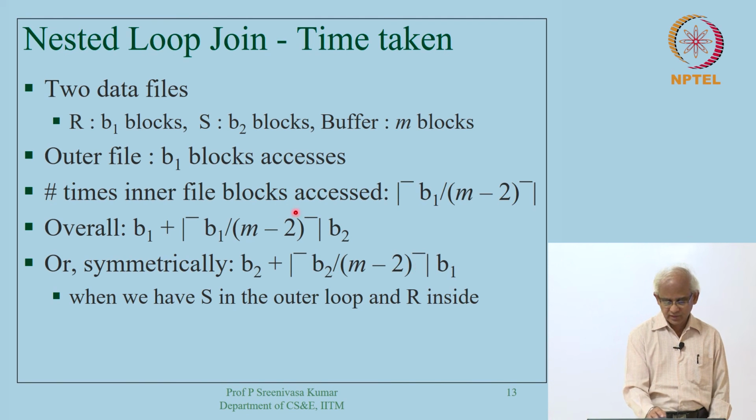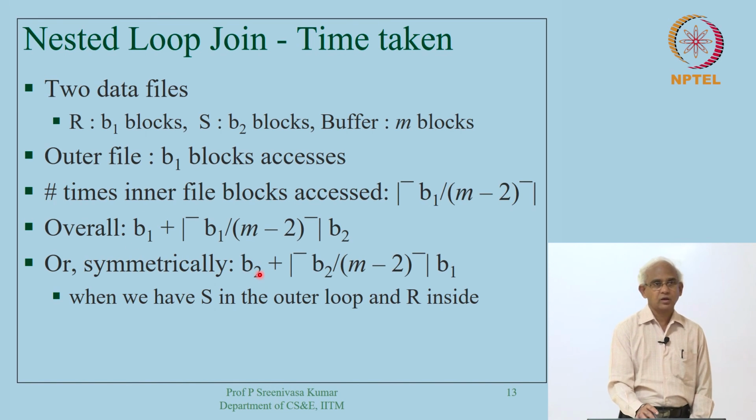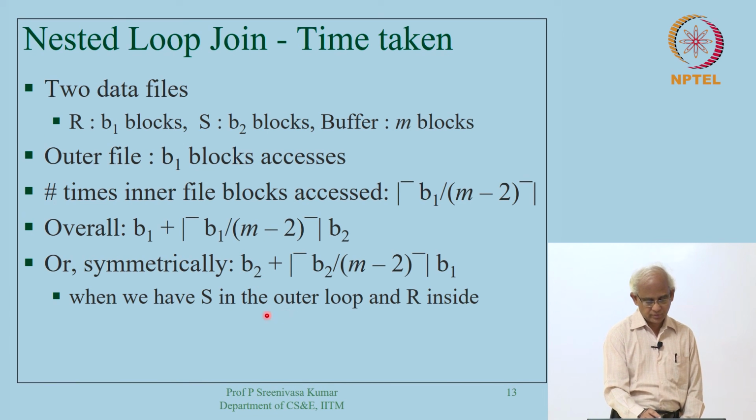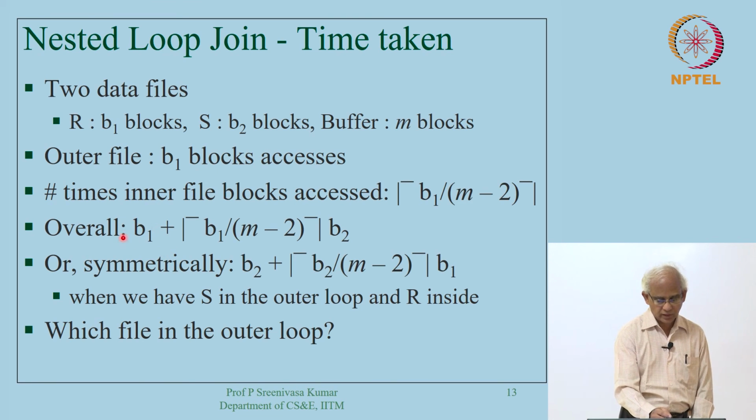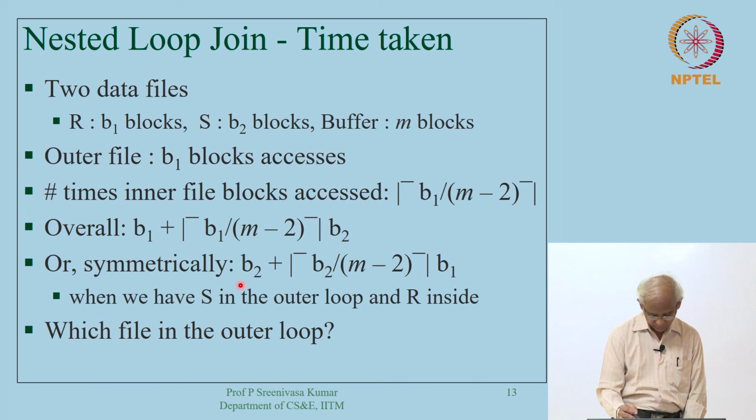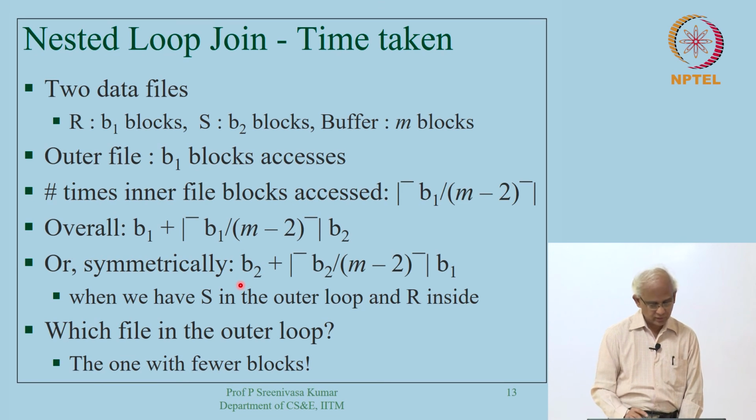You can see that the second term is roughly equal in both these expressions, B1 times B2 divided by M minus 2, and it is the first term, B1 or B2, that differentiates these times. So which file to keep in the outer loop? Basically the one that has the smaller number of blocks. If we keep it in the outer loop, then that will be the additive value here, and you get better access time.